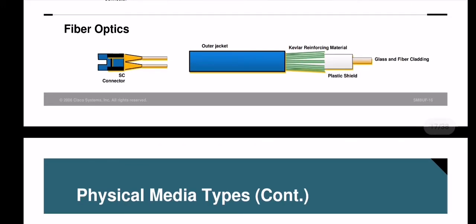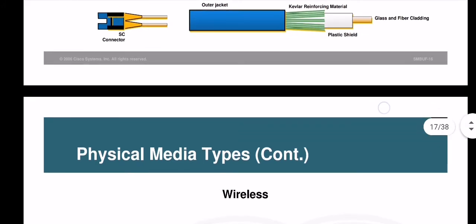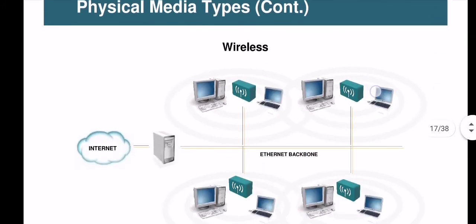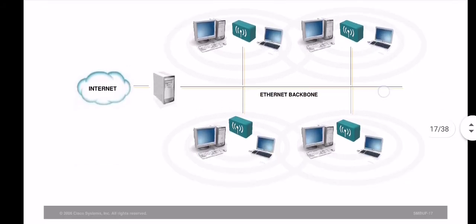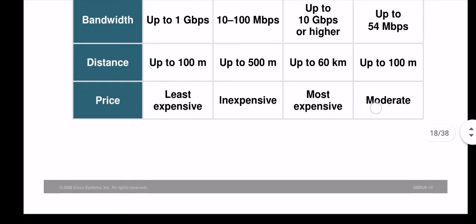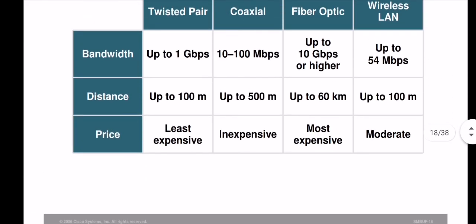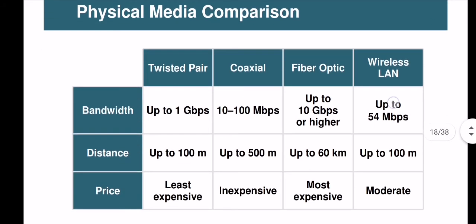It goes through further distances, up to even 40 kilometers for some technologies. So here we have also the physical media, which is wireless, Ethernet backbone, and the types of bandwidth that they're capable of. And here also the distances that we were talking about.